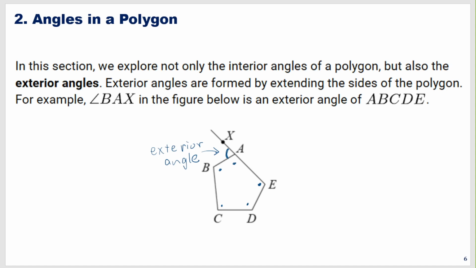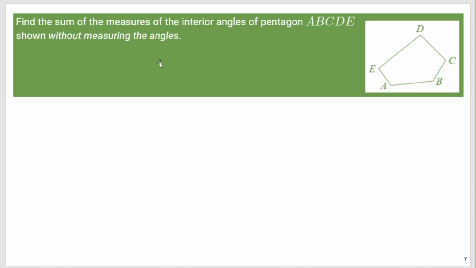All right, so next let's have a look at an example which shows a property of the interior angles of a polygon. Can you find the sum of the measures of the interior angles of pentagon ABCDE without measuring the angles?